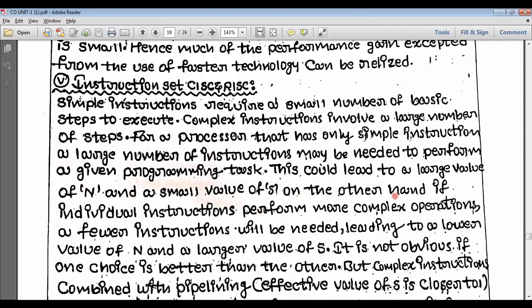On the other hand, if individual instructions perform more complex operations, fewer instructions will be needed. That means the number of instructions will be reduced, leading to a lower value of n and a larger value of s. Here n will be low, s will be high.